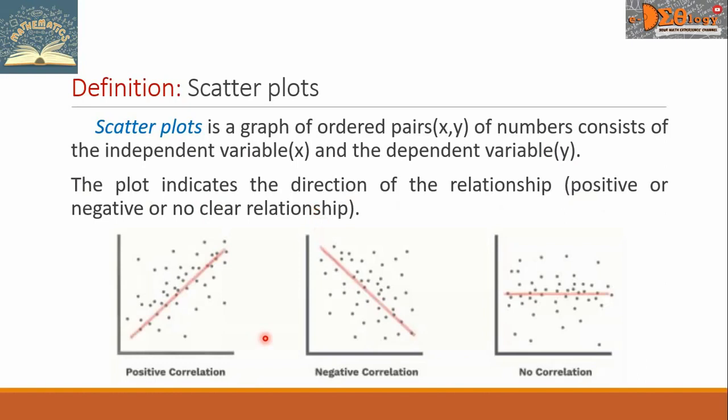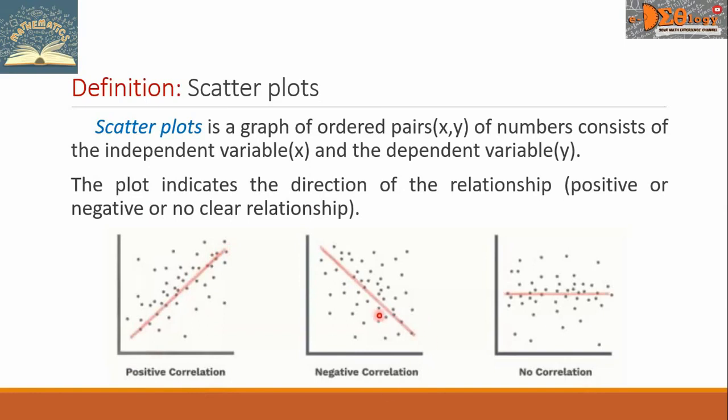Here are the scatter plots for a positive correlation, negative correlation, and no correlation. Take note that in a positive correlation, the points seem to follow a line that leans to the right.